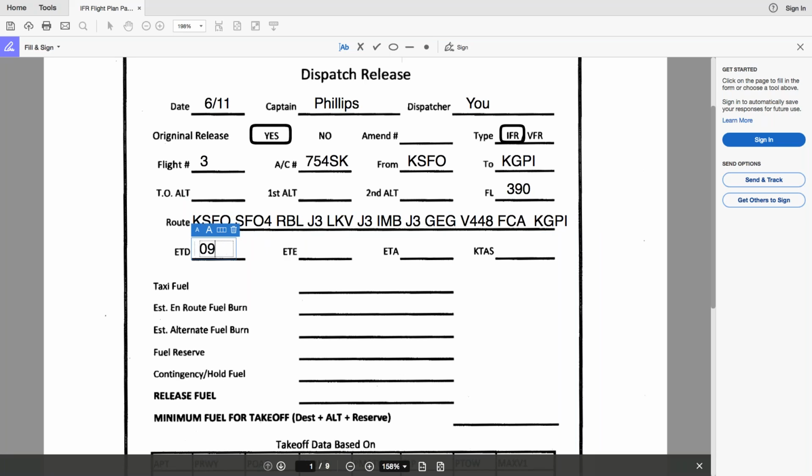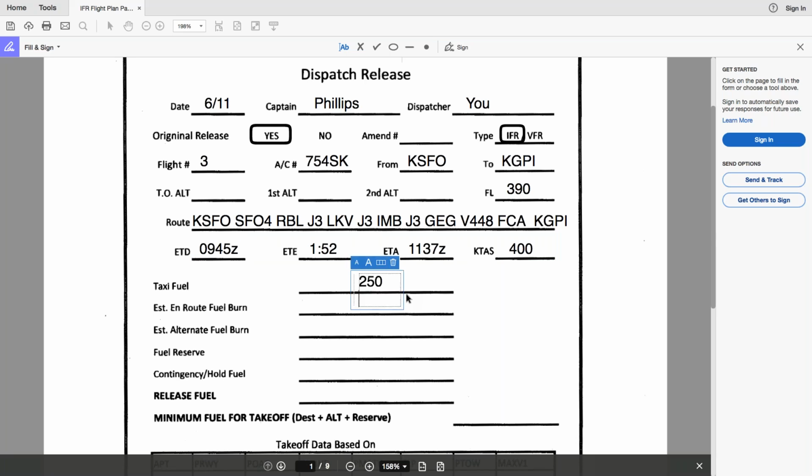Estimated time of departure 0945 Z. Estimated time en route was 1 hour and 52 minutes. ETA was 11:37 Zulu, if I remember right. That's true airspeed, just put 400 in that box, nobody cares.